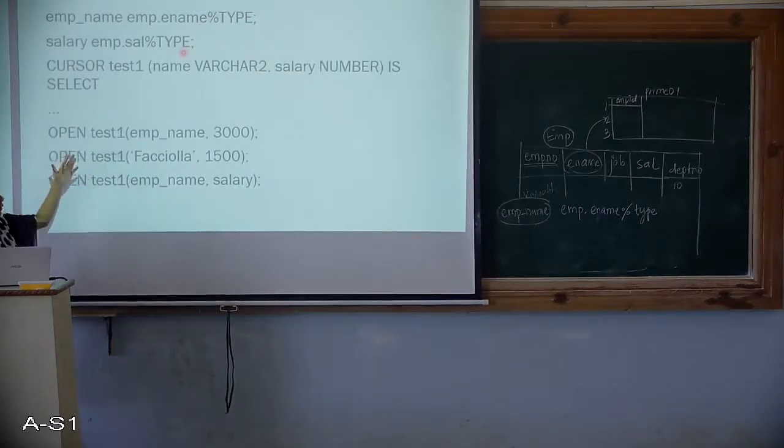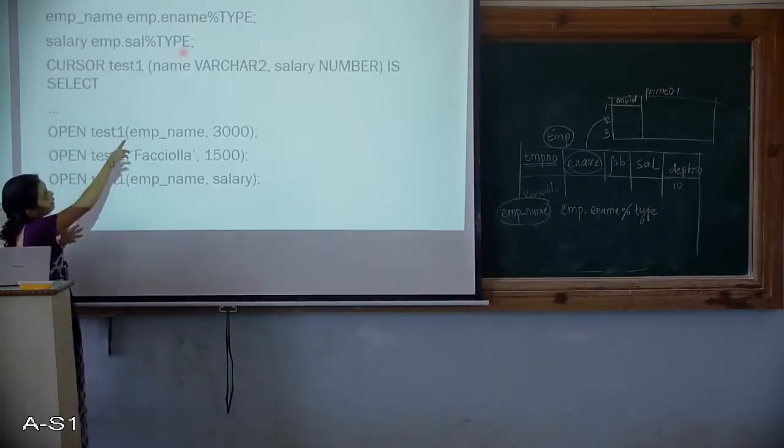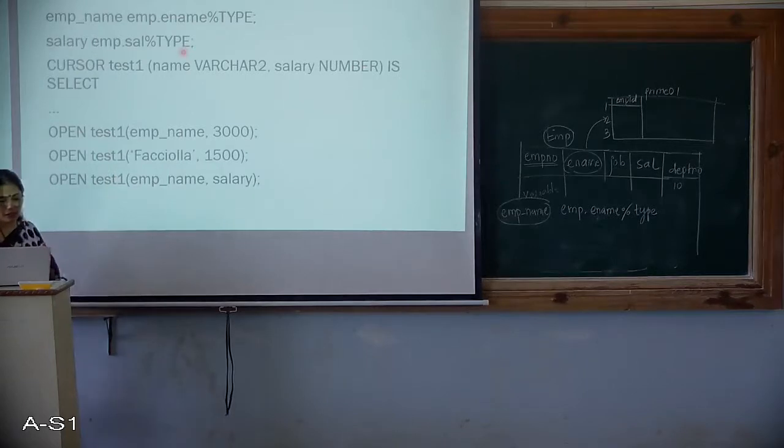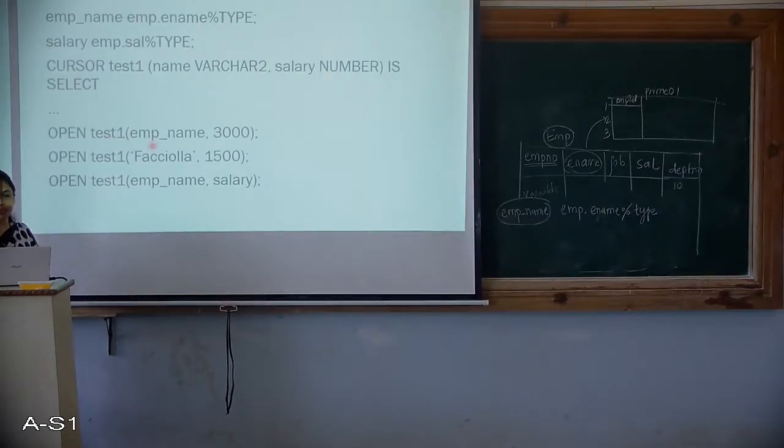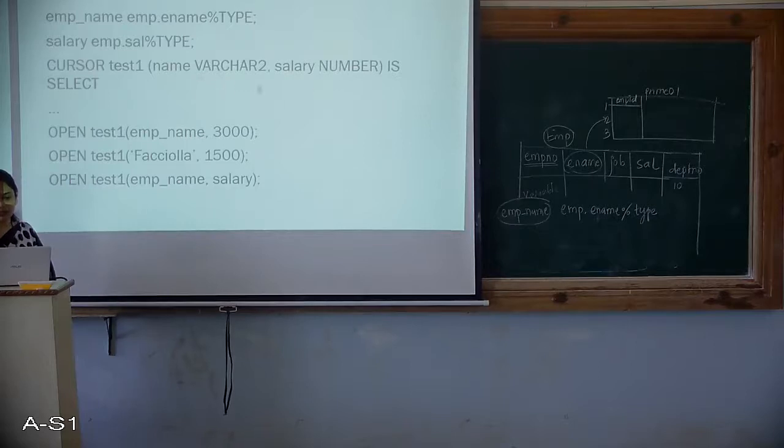Now open. I can simply open the cursor by passing values, because I have passed the parameters. Can you see the cursor name is test1? So open test1. The first time I have opened test1 with certain E name, and the parameters were: name is varchar2 and salary is number.